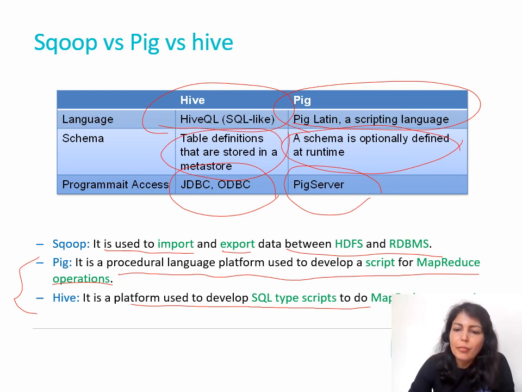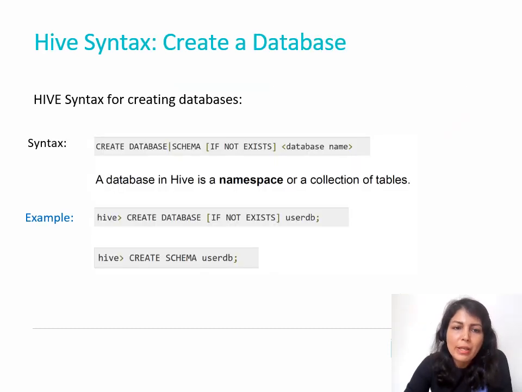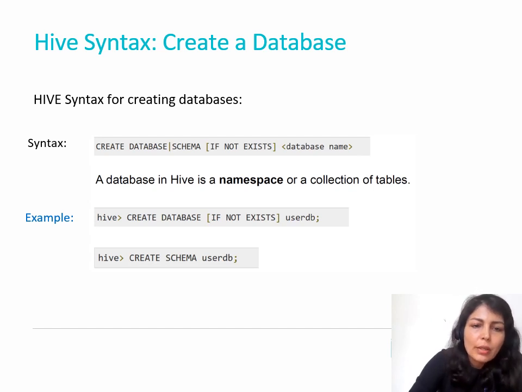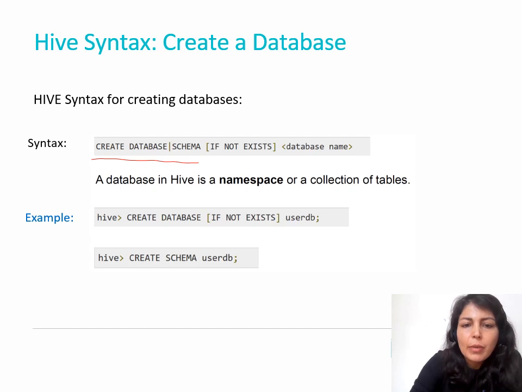Okay, and now let's go through some important Hive commands. The first one is creating a database. A database in Hive is a namespace or collection of tables. How can we create it? You can just write the create database keywords, or schema, it's the same. And you can write if not exists.